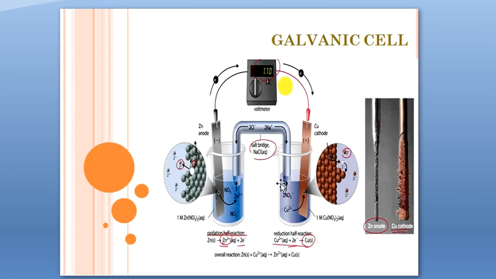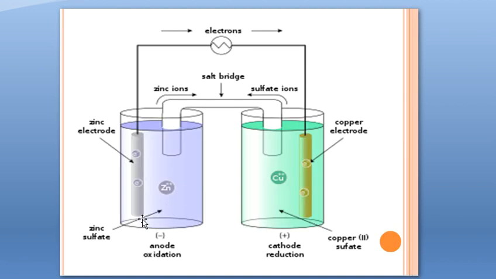Now let's go back to this diagram. As I said, as zinc oxidizes, the zinc electrode is getting consumed, and the copper electrode is getting loaded. With passage of time the zinc electrolyte will also get consumed. Whatever substance we have taken in this diagram, zinc nitrate or zinc sulfate, it does not matter.